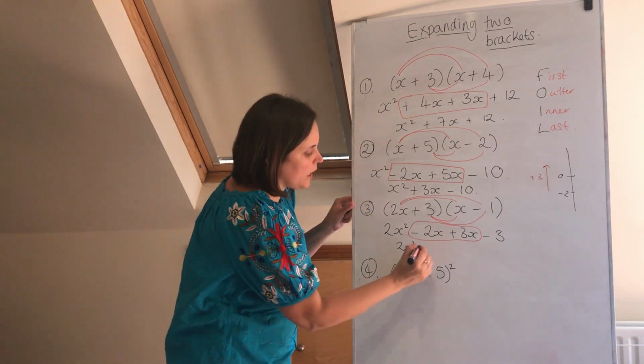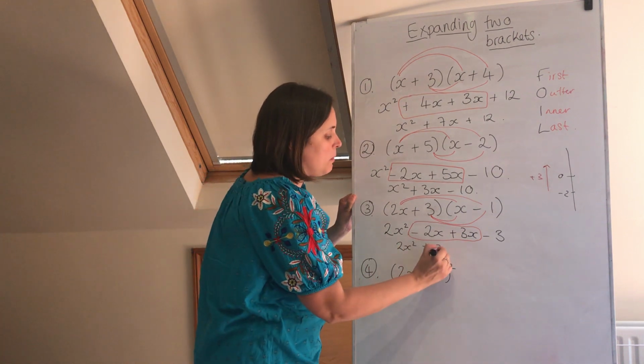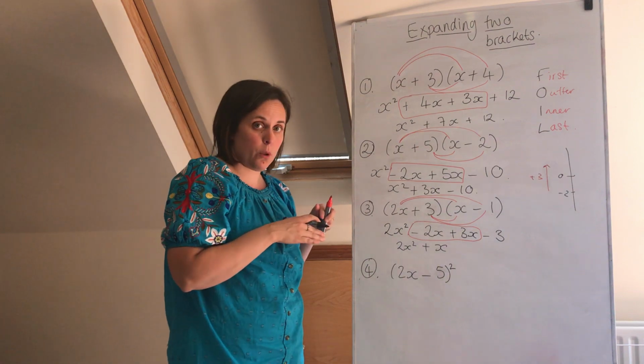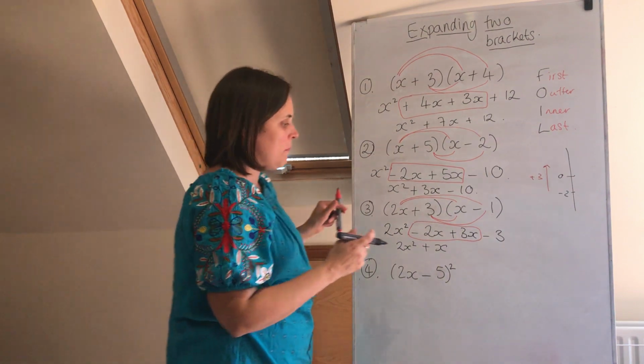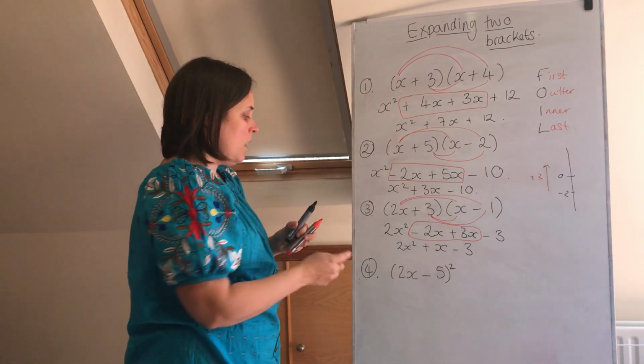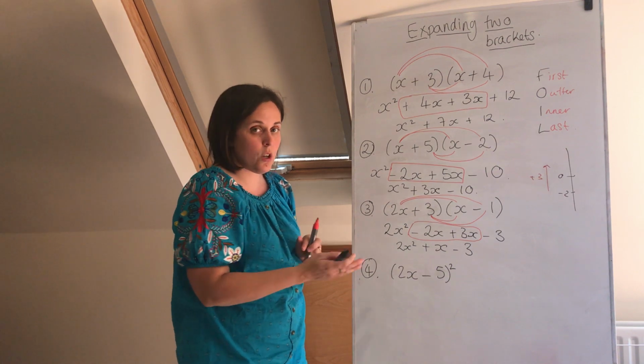So overall we're going to have plus 1x. Now we don't put 1x, we just put plus x. It doesn't mean that you'd get marked down if you put the 1, but we just don't need to put it there. And then it's just minus 3, and we're done.